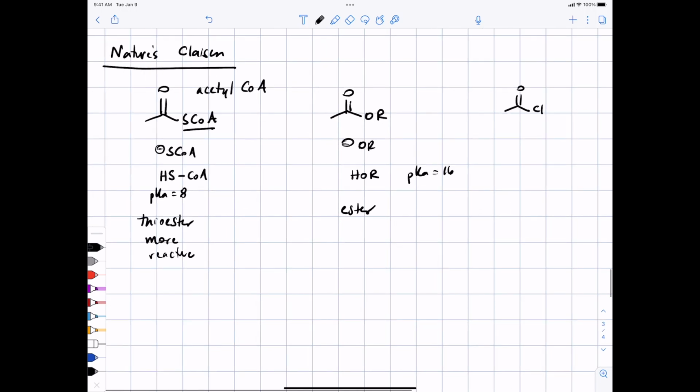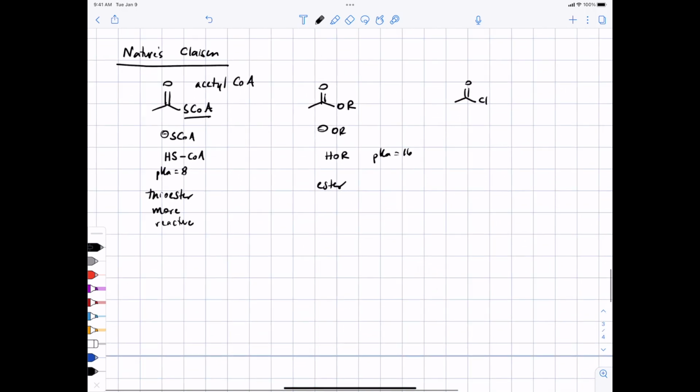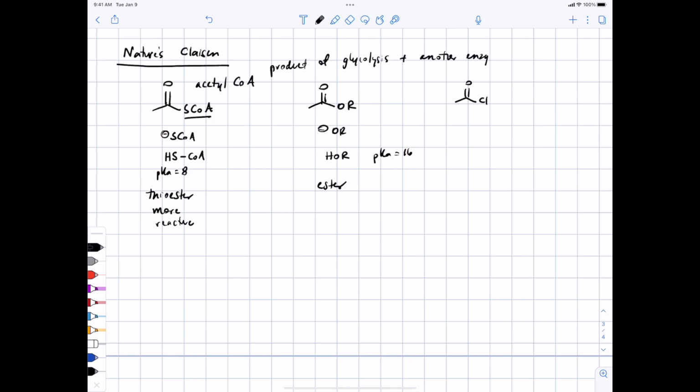So nature uses acetyl-CoA. Actually, acetyl-CoA is a product of glycolysis and another enzyme. And it is the starting point for the citric acid cycle.